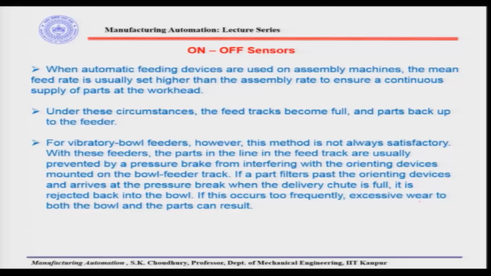Then the parts which are coming to the assembly machine, which is still not ready to take them because our feed rate is higher, will fall to the bottom of the bowl feeder, because the feed track is filled up. So, that part cannot go to the feed track. That will create excessive wear of both the bowl and the parts because of the recirculation.